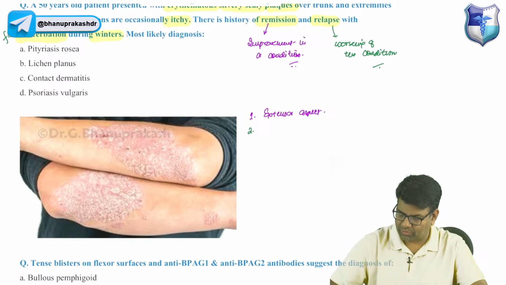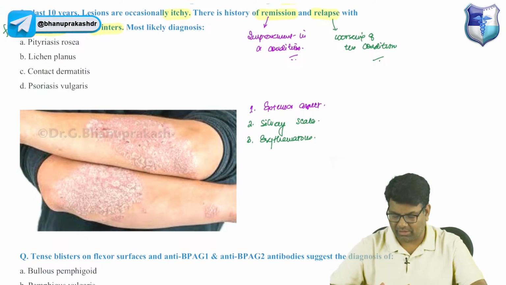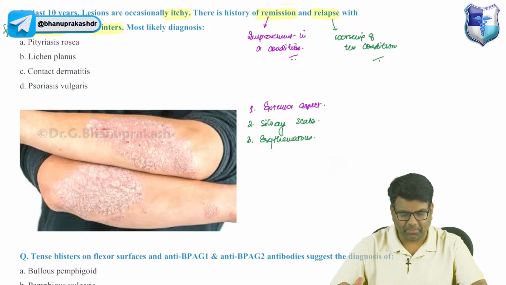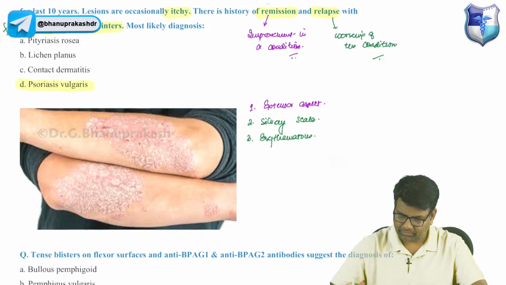Second, of course, there are silvery scales. Third, there is erythema, meaning redness around those scales. So this is a classical spot diagnosis for psoriasis. The answer is psoriasis vulgaris.